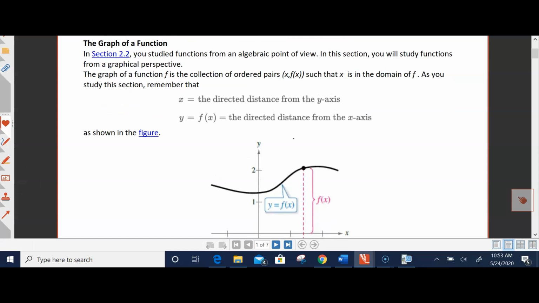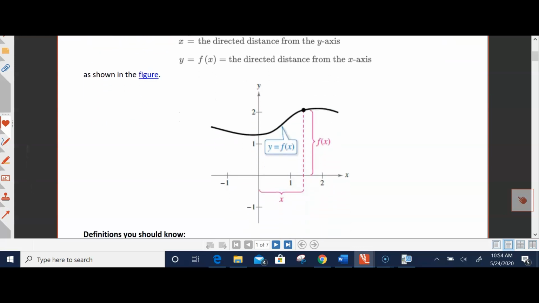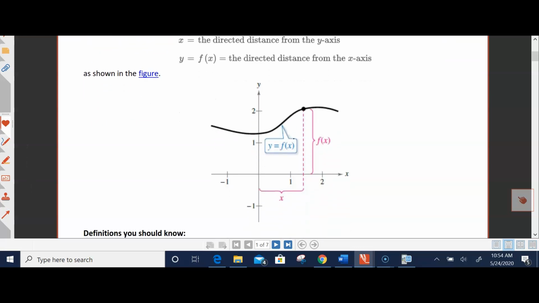So a graph of a function is just a collection or a set of all the ordered pairs for that particular function or equation. Remember that the domain represents the x values and the range represents the y values for a particular function. So from a graphing perspective, the domain values are all the values that your graph takes on along the x-axis.